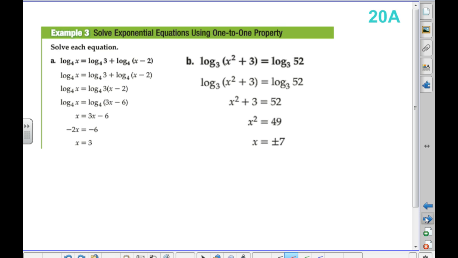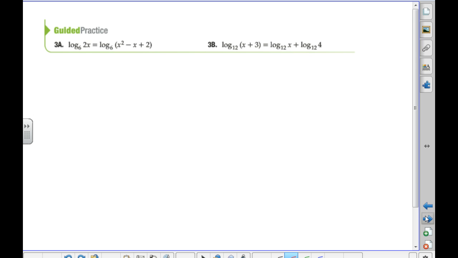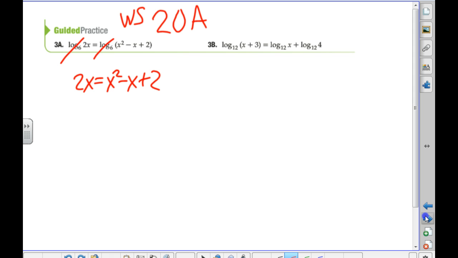All right, I'm skipping down to this. I need somebody to tell me which page I'm on. This is 20A. Yes. Okay. Yep, on this one I can just get rid of the logs. So I have 2x equals x squared minus x plus 2. I have to make it equal to 0, yes?